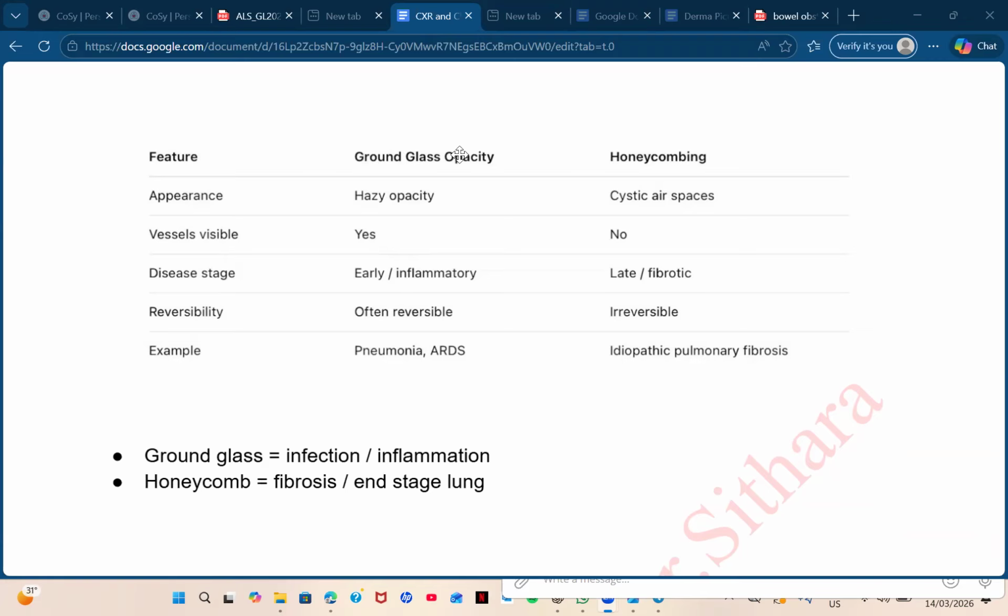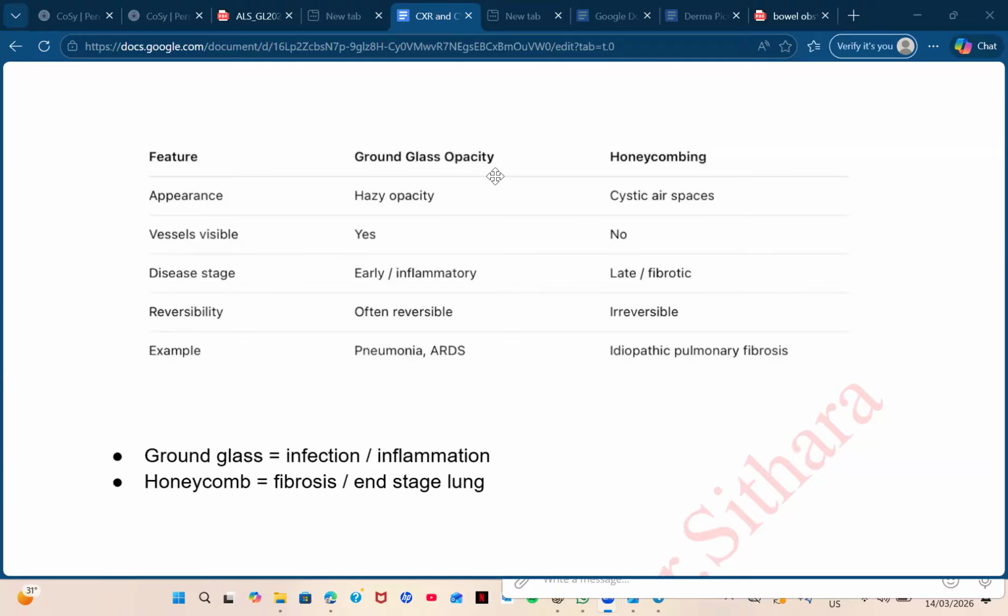Why? Most sarcoidosis cases are asymptomatic, and it takes so long to progress into fibrosis, so the most common feature in sarcoidosis is ground glass opacity.